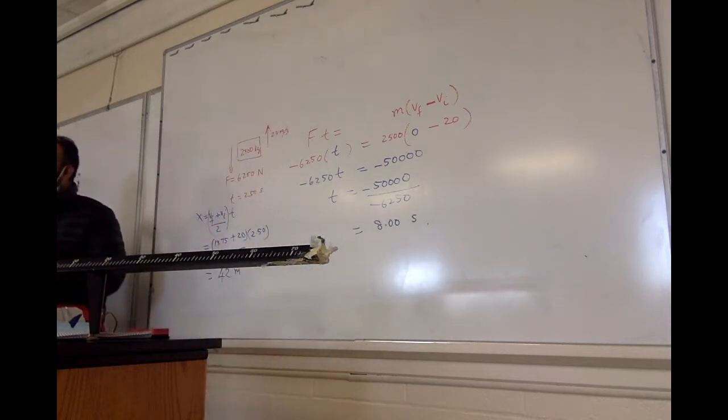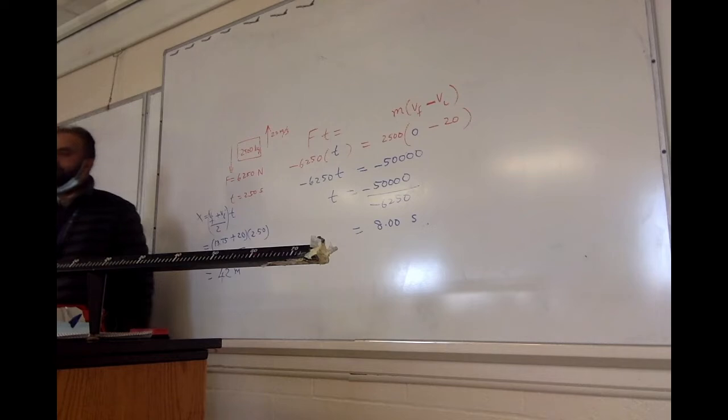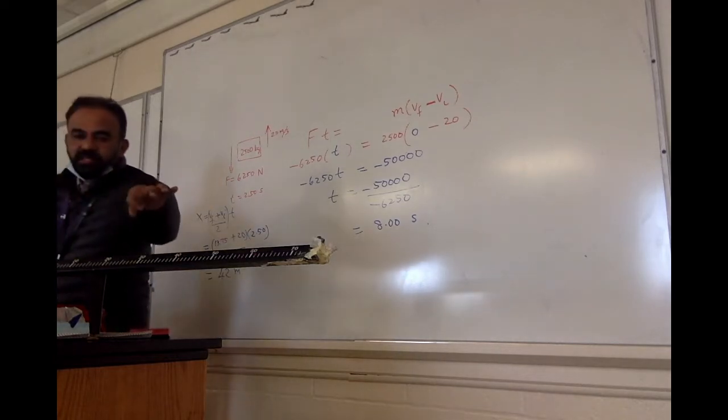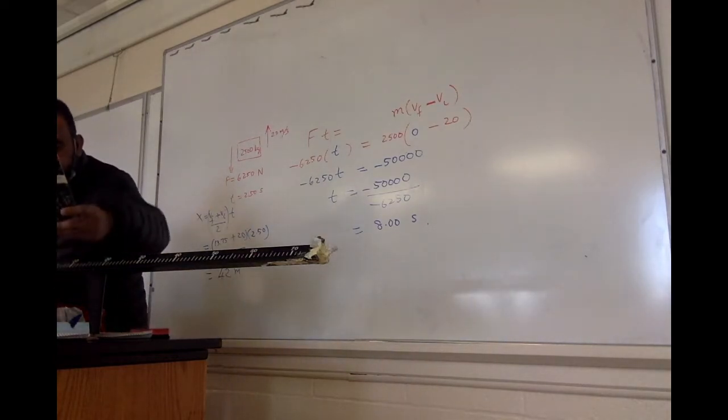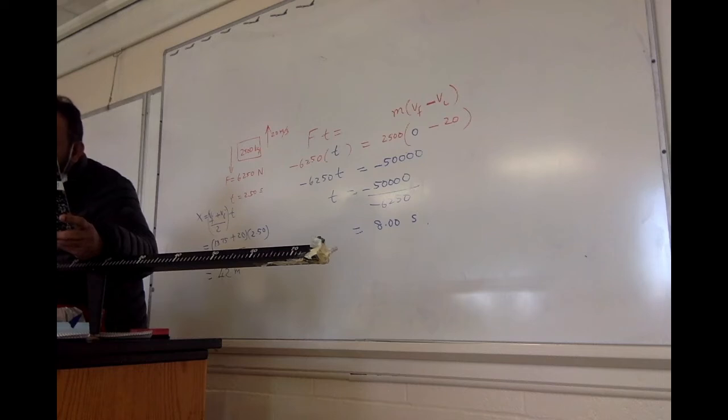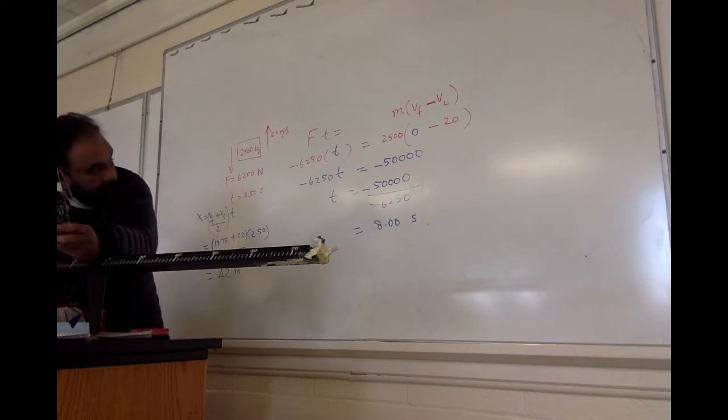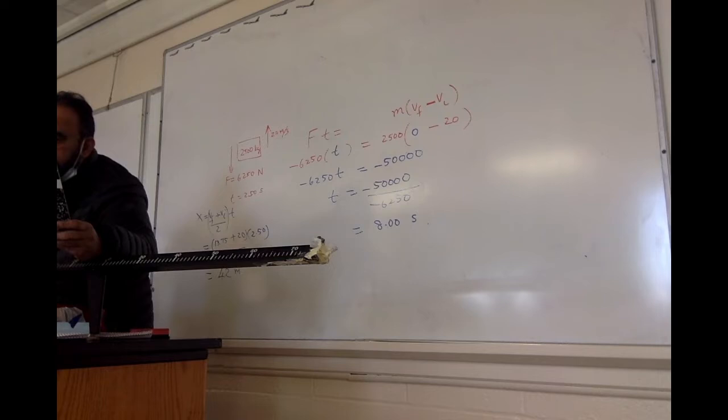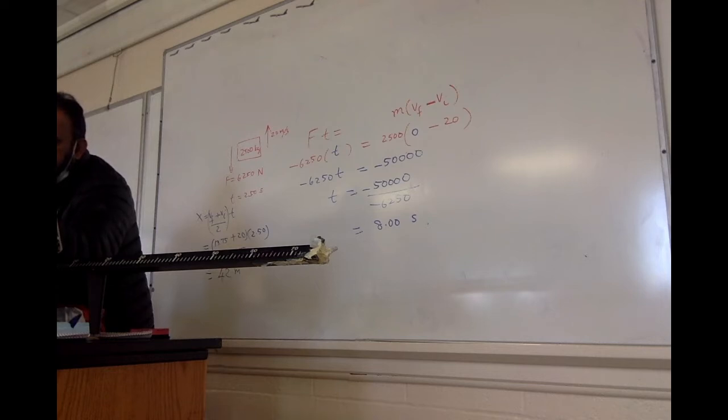Got it? Yes. I have a question. I don't know if I did it correctly. I put in 2,500 times 20 to get 50,000. Sorry, I meant to put 20 there. It's just a miss.